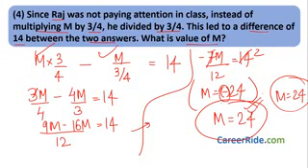Now, in exam, if they give the same question and in options if they give minus 24 and 24, always stick to 24, okay? Because they just said difference of 14 between the two answers. They never said that the difference is minus or plus. The difference or the gap between two numbers is 14.